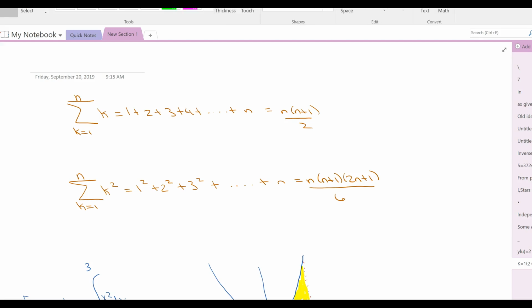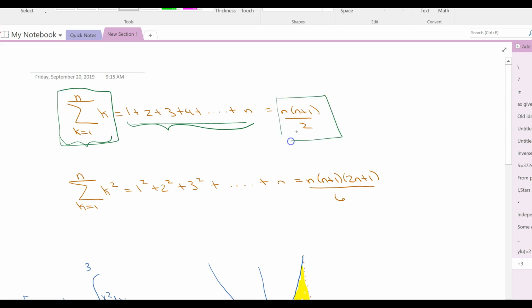So we know a couple of shortcuts. For example, right here, this is the sum of the first n integers, 1 plus 2 plus 3, okay? This is the summation notation version of this open sum. Some sums have what are called closed forms associated with them.